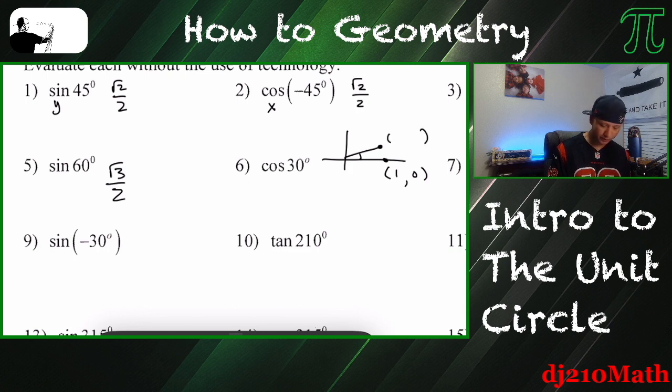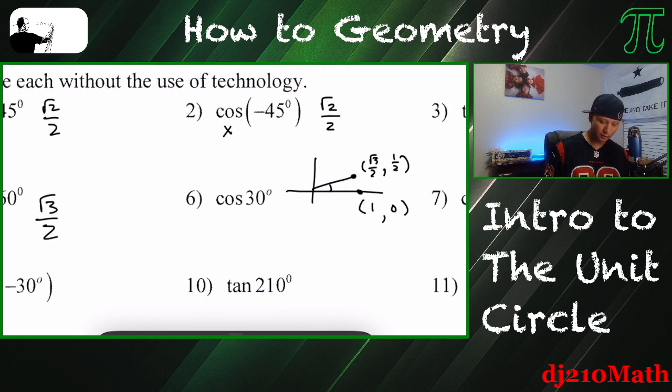So that coordinate, if I know this is 1, 0, I know this is 1/2 because 0, 1, right? How you count up. And this is going to be root 3 over 2 because root 3 over 2 goes with the 1/2. So this is my x and this is my y. I associate x with cosine. So cosine of 30 is root 3 over 2. That's the logical thought process that needs to happen.